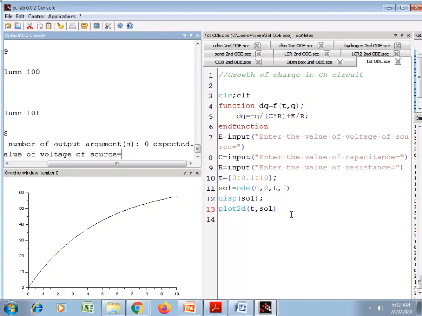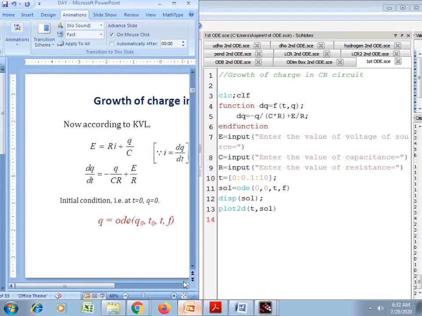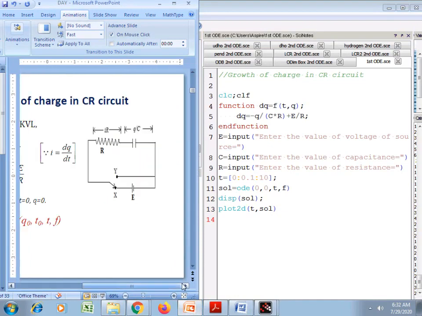Using the same code by changing some values, we can also obtain the graph for decay of charge on the capacitor. The position of the switch in the circuit will be at position Y, and therefore E will now become 0.